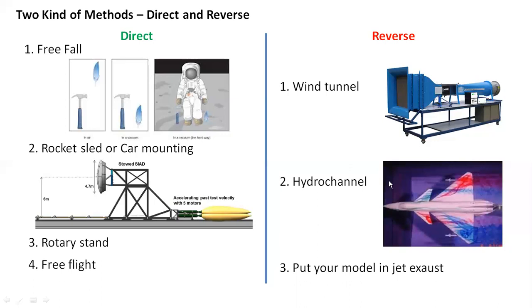Another very simple and similar situation is a hydro channel. Same principles, but in this case we have no air but water. Aircraft is put in moving water, and this water acts like air. In water you can use, what to say in English, paint.